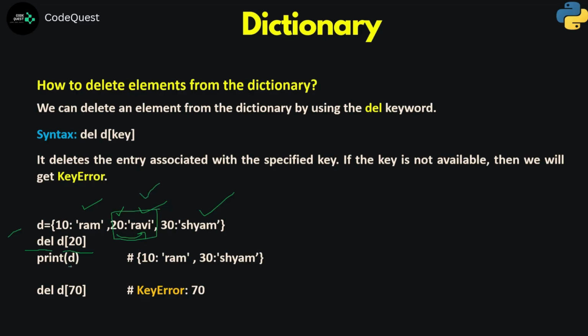So as a result, when I'm printing D, I get only the remaining 2 items after deleting this one. But if I'm trying to delete D of say 70, so 70 as a key is not present here. That's why we are going to get a key error specifying that 70 is not available.